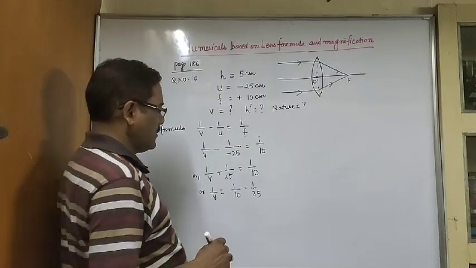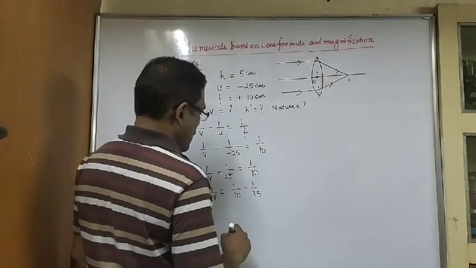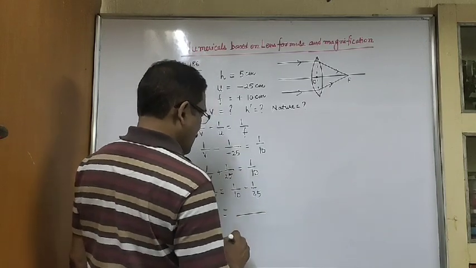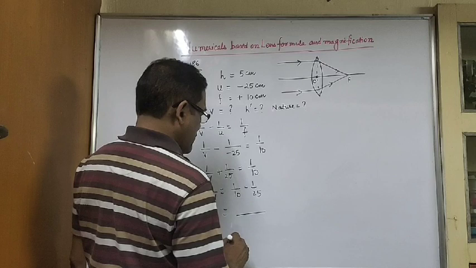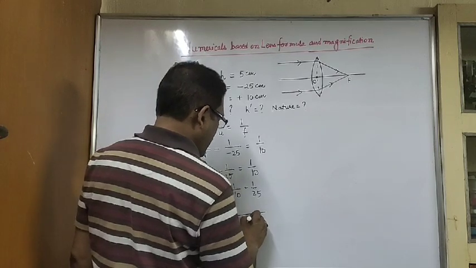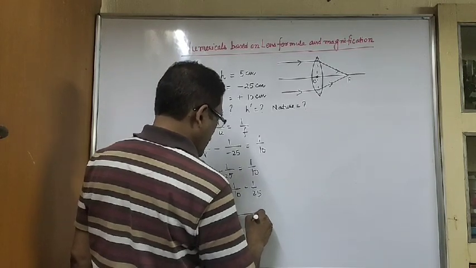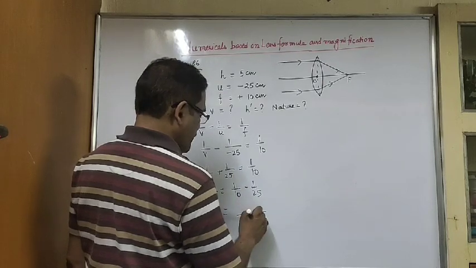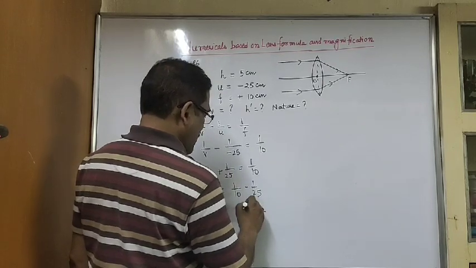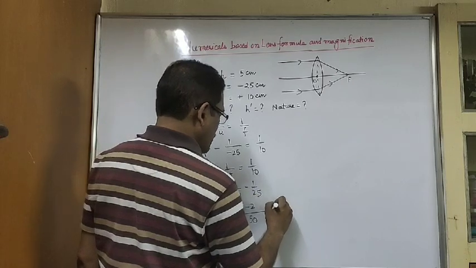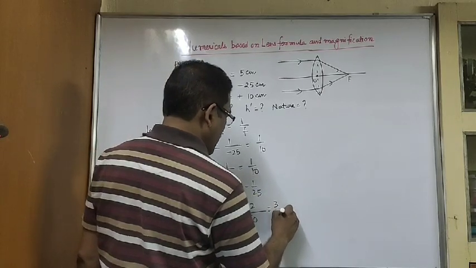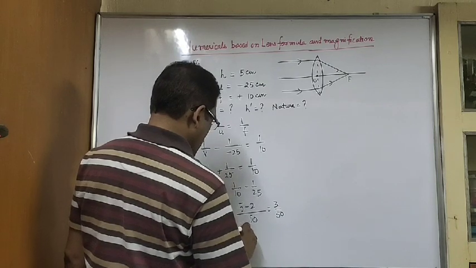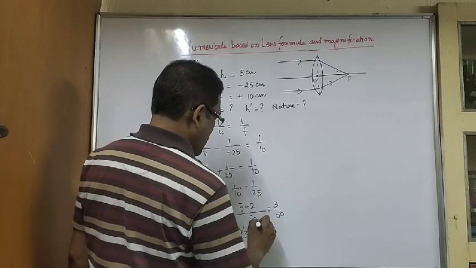Isn't it? So it will be, LCM is how much? If we take LCM 50, so 1 by v is equal to 5 minus 2, so 3 by 50. Therefore v is equal to 50 by 3.